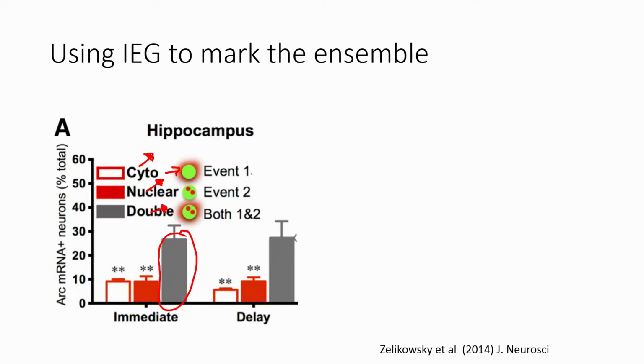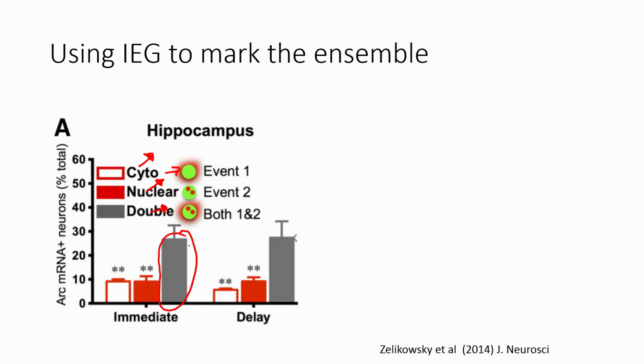Remember, event 1 is the training event and event 2 is the retrieval event. So, all those guys who participated in encoding the contextual memory at the training do get activated at the retrieval.